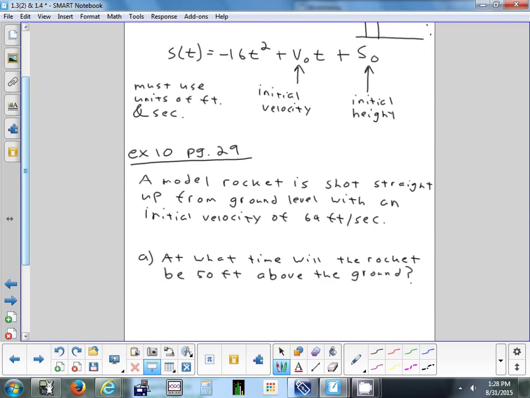How about Brad? What do you think? Plug in the initial velocity. Yeah, where would you plug in the initial velocity for what? The v sub 0. Yep, v sub 0. And for initial height, Graham told us we can plug in what? 0. So what would this equation look like if you do exactly what you just said?